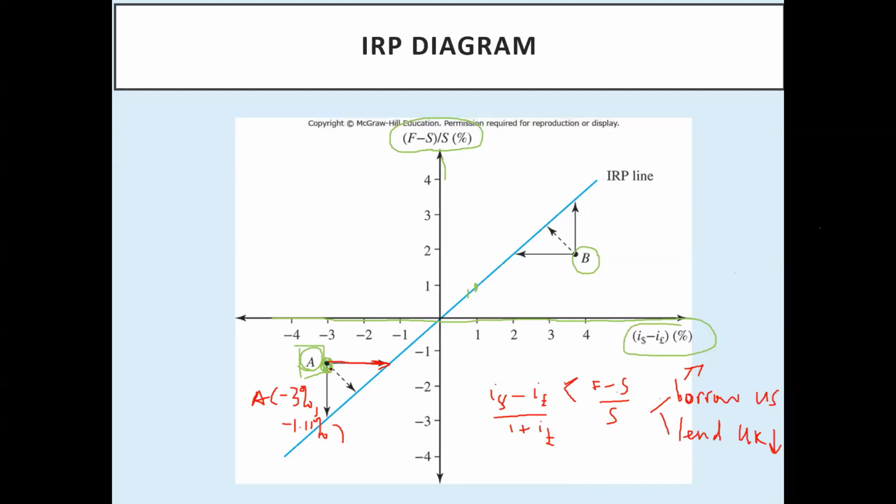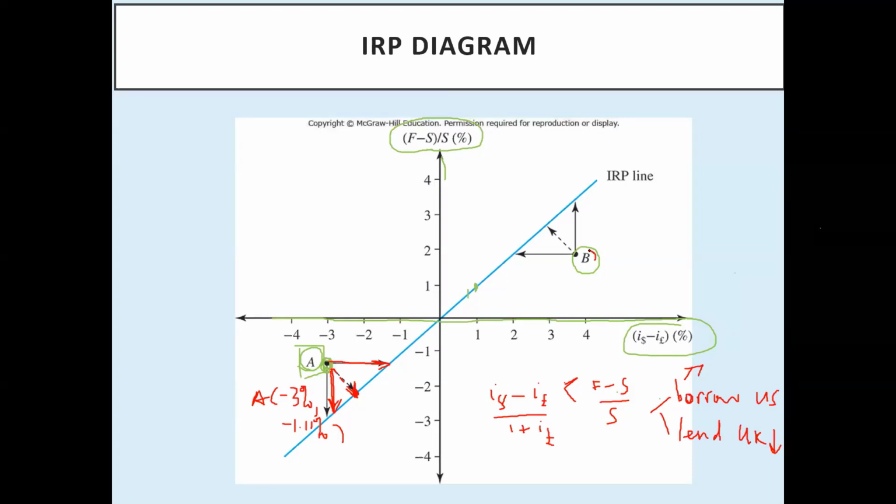So when we sell the pounds, we put additional pressure on the pounds in the forward market, and that will cause a depreciation of the pound, okay? So A will move down here as well. So the average effect of these two forces is that A will move along this dashed line over here, okay? So eventually A will move back to this point on the IRP.